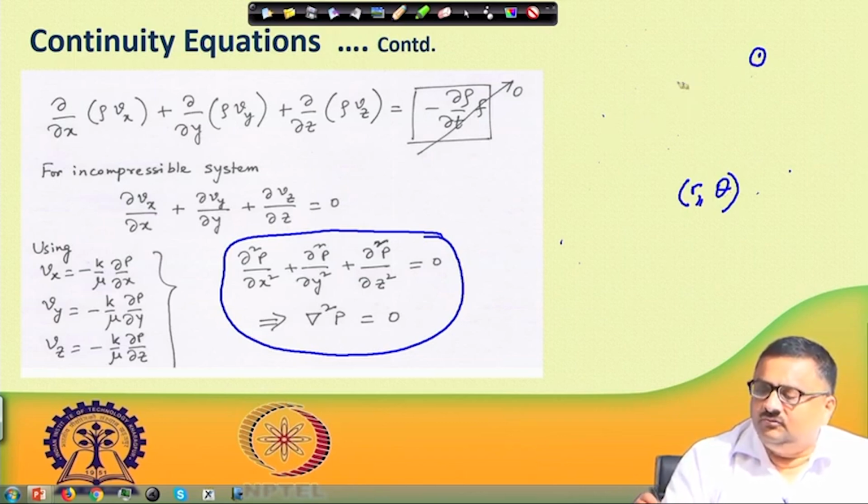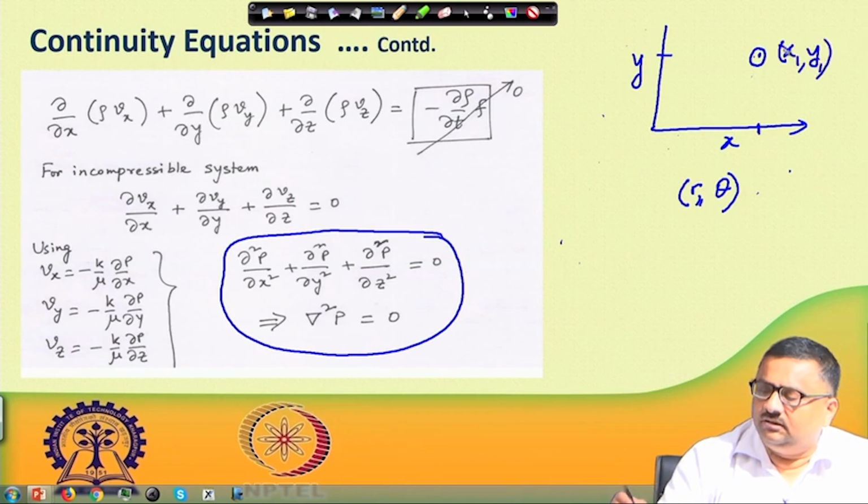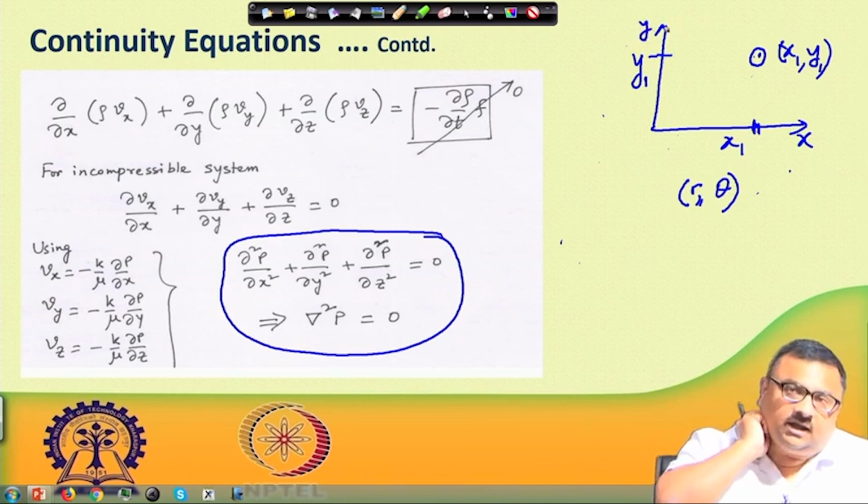In the xy system, I have this coordinate given as x and this as y. So, this has a coordinate of x 1, y 1. This distance is x 1, this is my x axis, and this distance is y 1, this is the y axis. So, now I can define this point as x 1 and y 1.